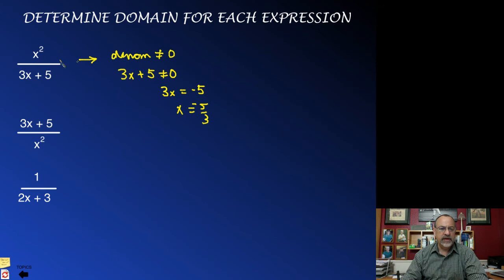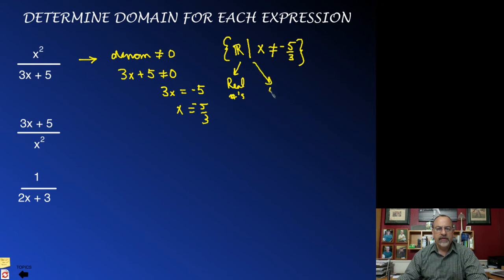So to write my domain for this function, I begin with all real numbers such that, this little line means such that, or as long as, x is not negative 5/3. Okay, so this is called set notation. This is the notation for real numbers.